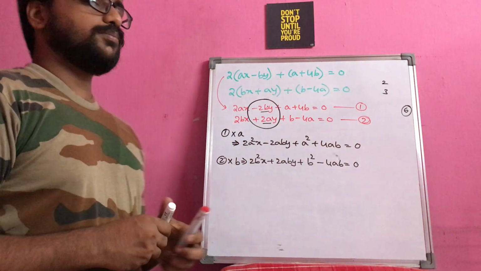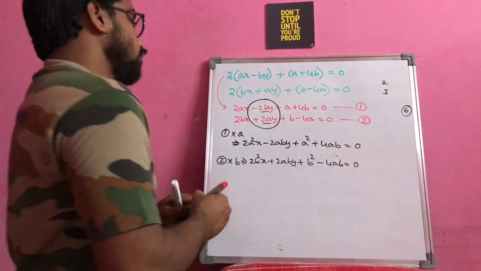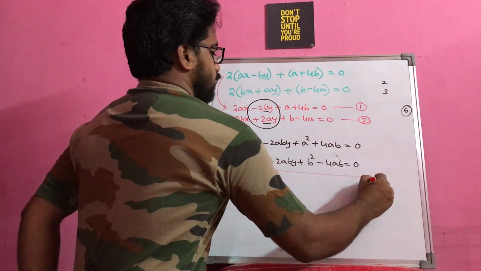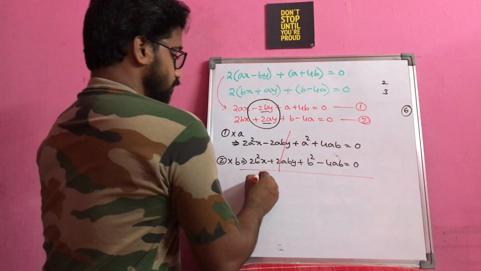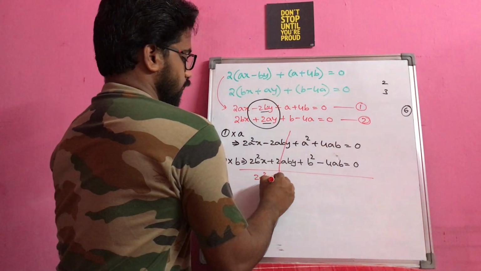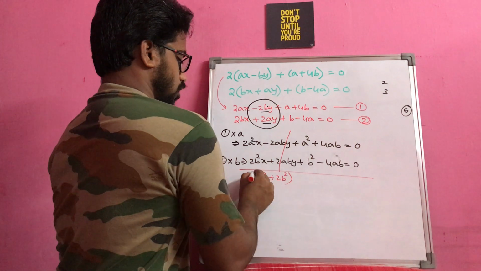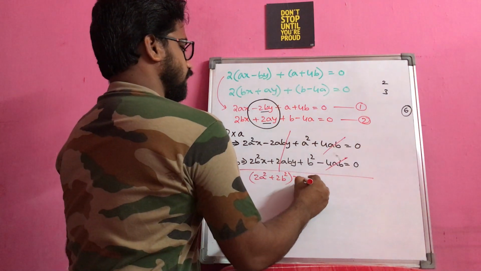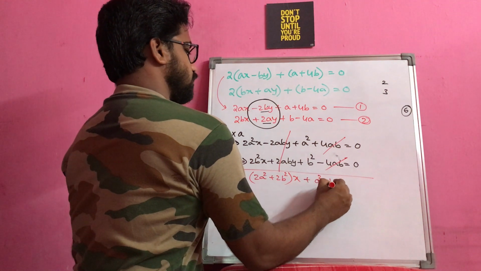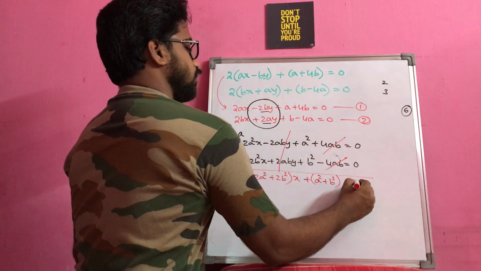So now see how simple it became. If you look for the common terms that have to be cancelled out, 2aby will get cancelled out. You have (2a² + 2b²)x, and this 4ab also will get cancelled, and you have a² + b² = 0.